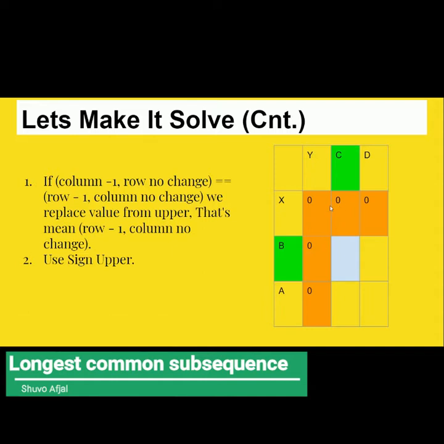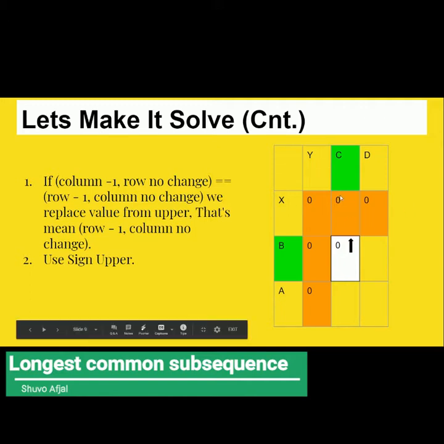That means we compare these two values. 0 is equal, so we replace the value from upper. The value is 0, that means 0. That means row -1, column no change, this value comes here. And again, another step, we use the upper sign.